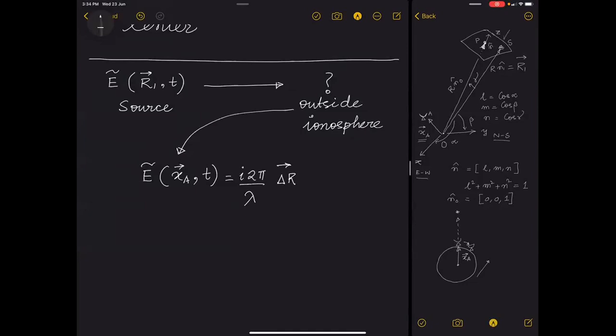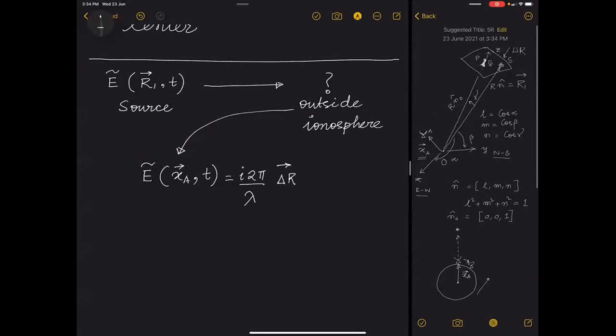So that small area that I have drawn there is delta R. This is the Huygens factor that we are talking about. And then I have to write down the electric field at the source, in this case coming from R1.